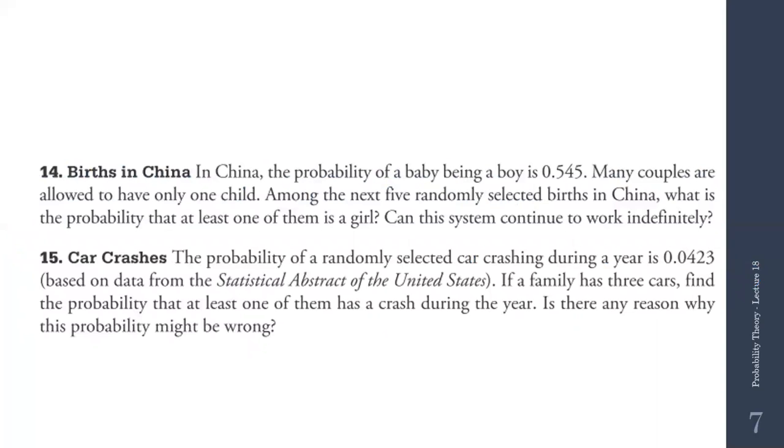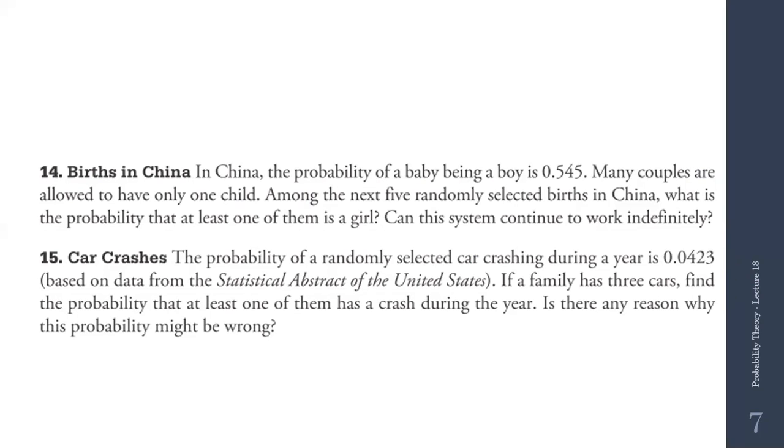Versus in China. In China, the probability of a baby being a boy is 0.545. Many couples are allowed to have only one child. Among the next 5 randomly selected births in China, what is the probability that at least one of them is a girl? Can this system continue to work indefinitely? So now we have to consider a baby being a boy or a girl.